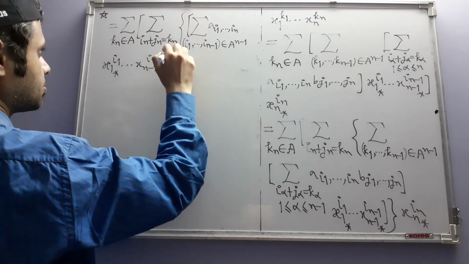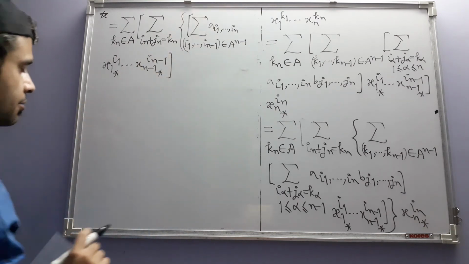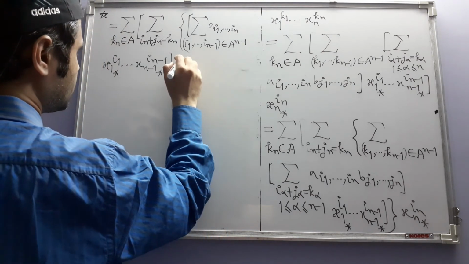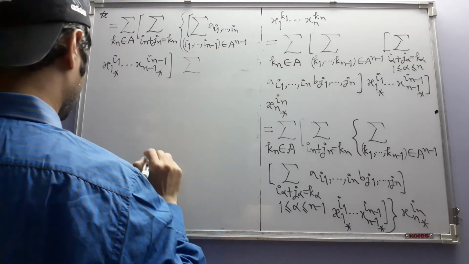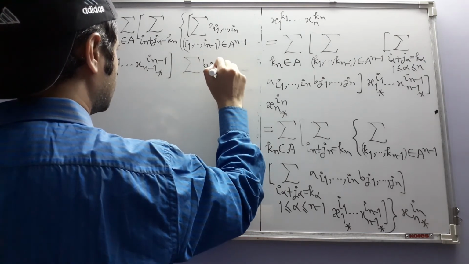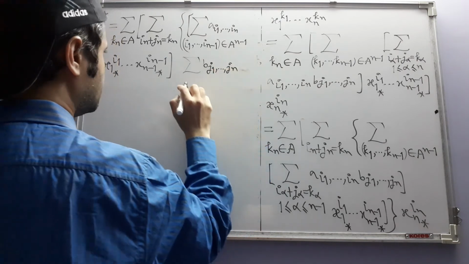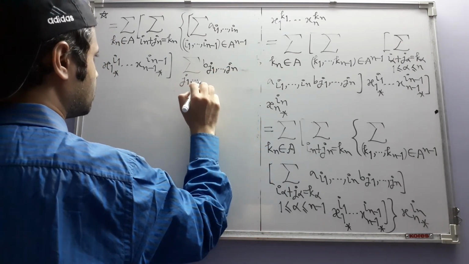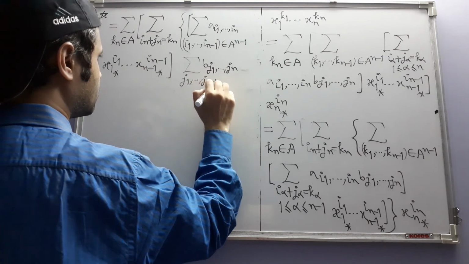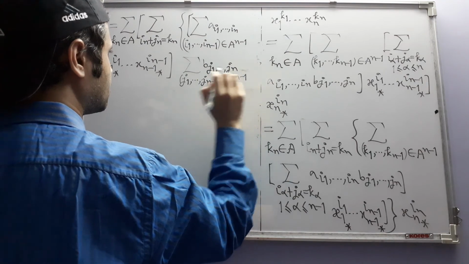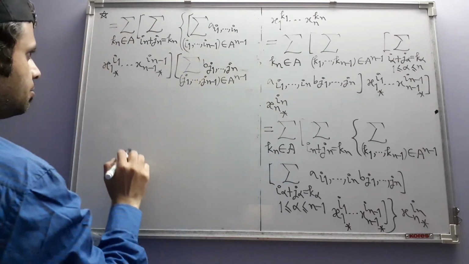This is one element, and this is another element, b j1 j2 up to jn minus 1.